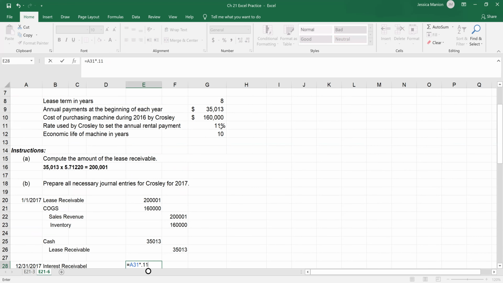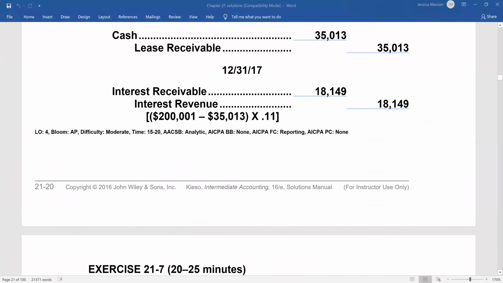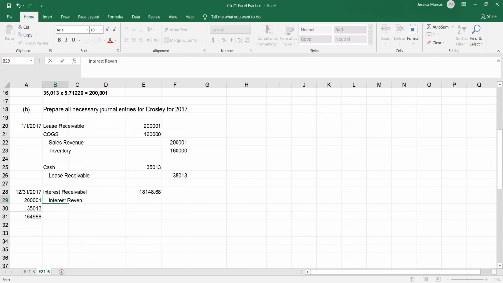If we scroll back up, the rate is 11%, so 0.11. Credit interest revenue 18,148.68 is what that one would look like.